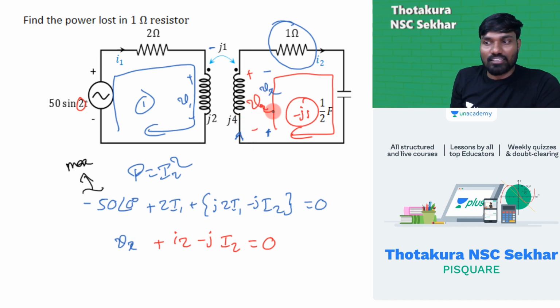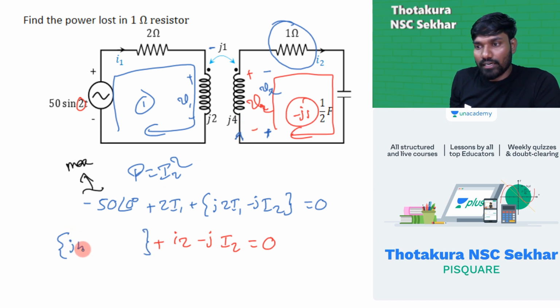This is the equation. Now how do you find the Vx value? Vx will have two terms. J4 into I2 is the positive one, because the passive sign convention is followed, plus J4 into I2. I2 is entering the undotted terminal, I1 is entering it, and we already found negative coupling.